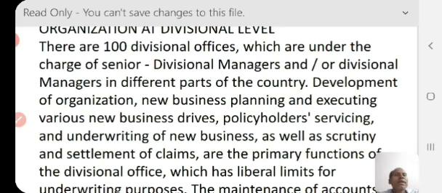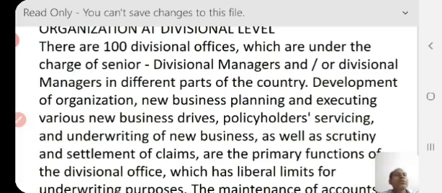So sometimes if new policies are introduced, these officers look after the underwriting, as well as the scrutiny and the settlement of the claims. They scrutinize the claims, whatever the policy it may be, and all the claims are scrutinized and settled for the policyholders.